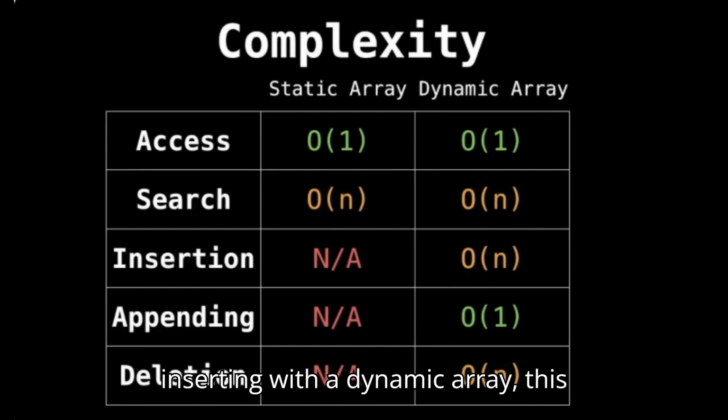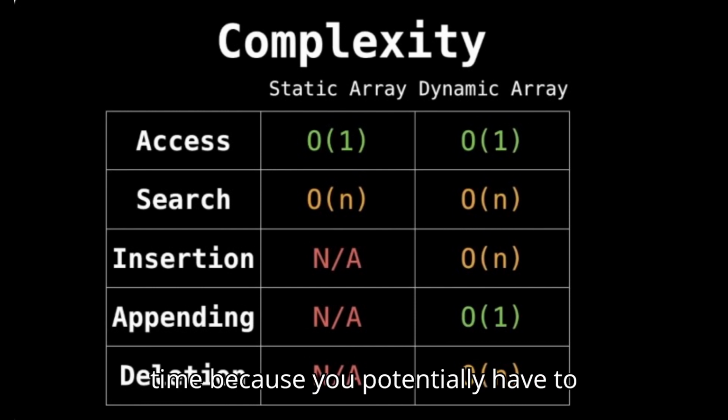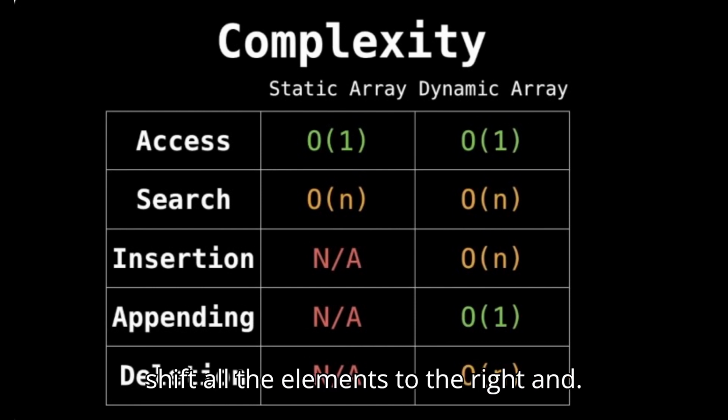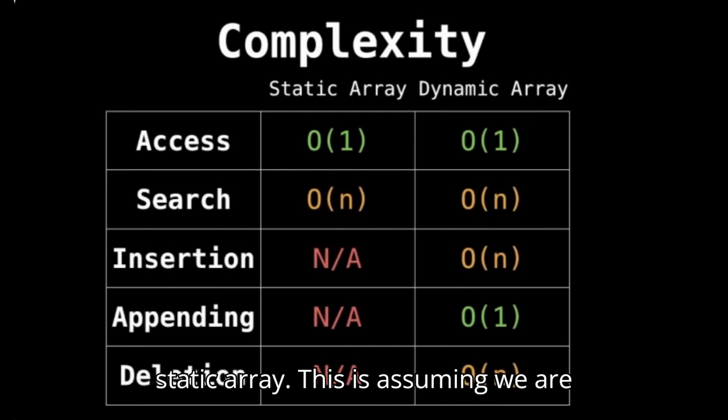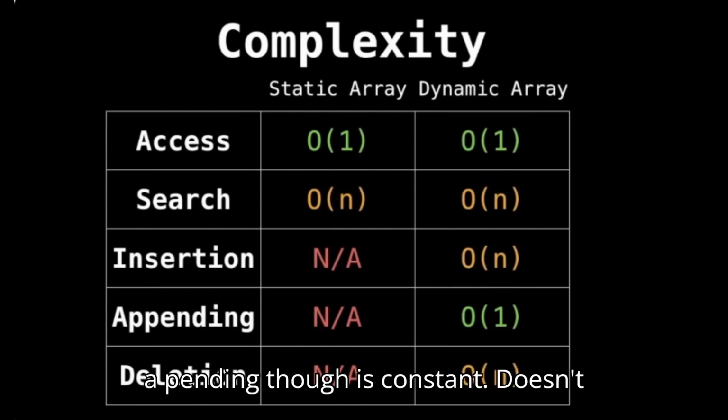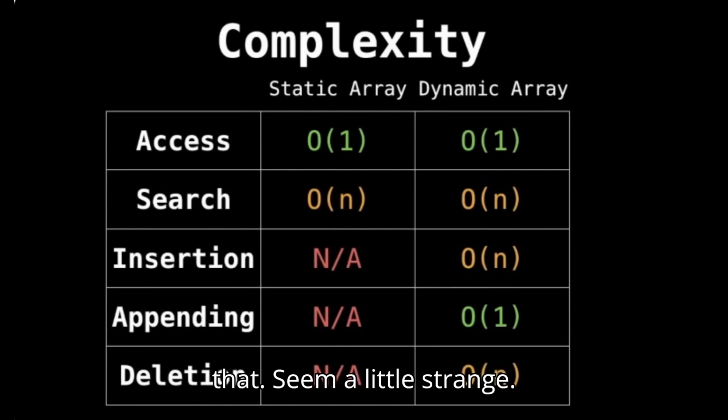When inserting with a dynamic array, this operation can cost up to linear time because you potentially have to shift all the elements to the right and recopy all the elements into the new static array. This is assuming we are implementing a dynamic array using static arrays. However, appending though is constant, doesn't that seem a little strange?